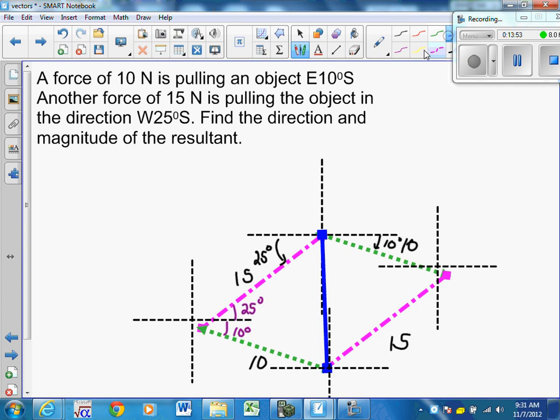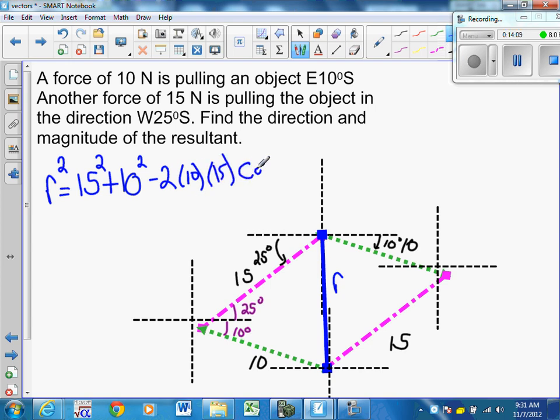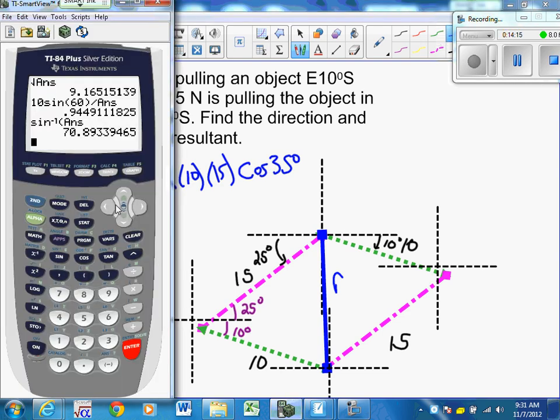So if I want to find my resultant, r squared is 15 squared plus 10 squared minus 2 times 10 times 15 cosine of 35. And the length of my resultant, let's do this in the calculator.